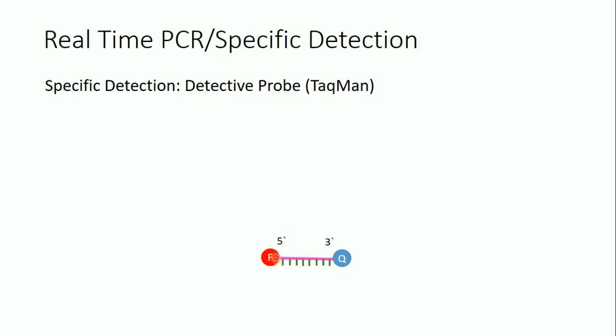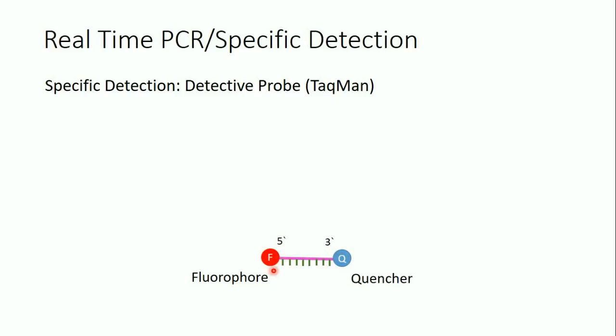The first is the fluorophore. So first we have the fluorophore at the 5' end, and we have at the 3' end something we call the Quencher. What is the Quencher? The Quencher is an inhibitor of the fluorophore. Why? Because the Quencher absorbs any fluorescence coming out of the fluorophore.